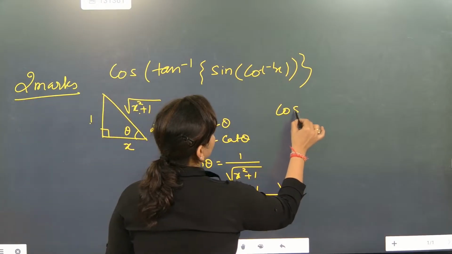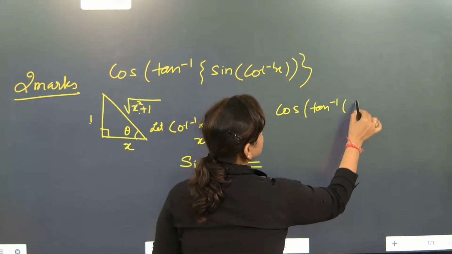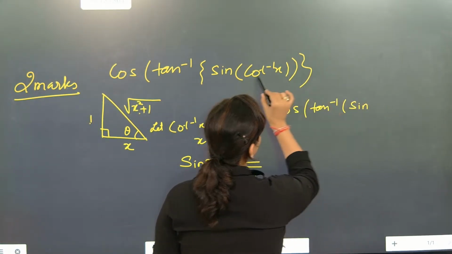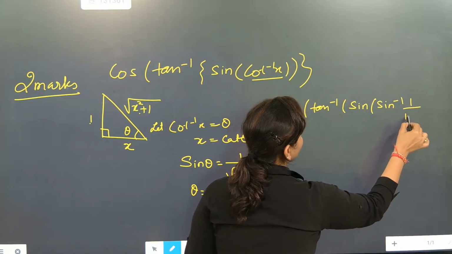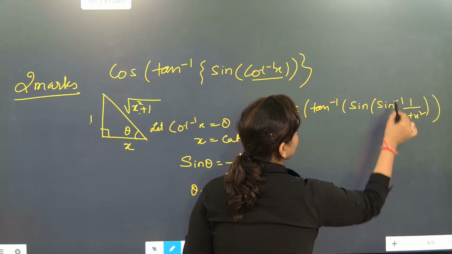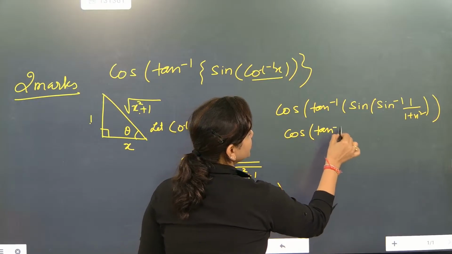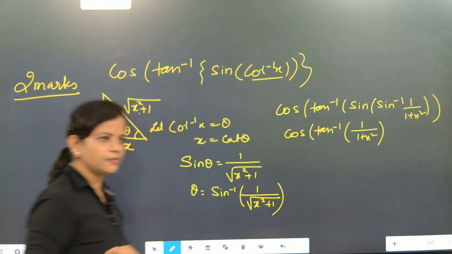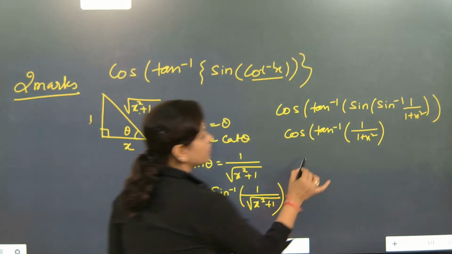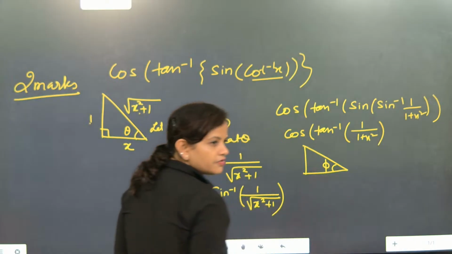Then it will become cos tan inverse sine of cot inverse value, which is sine inverse 1 by root under 1 plus x square. So the sine and sine inverse will get cancelled. Now cos tan inverse 1 by root of 1 plus x square. Done. Now again we are going to draw one triangle. In this triangle, we will take this angle as phi.